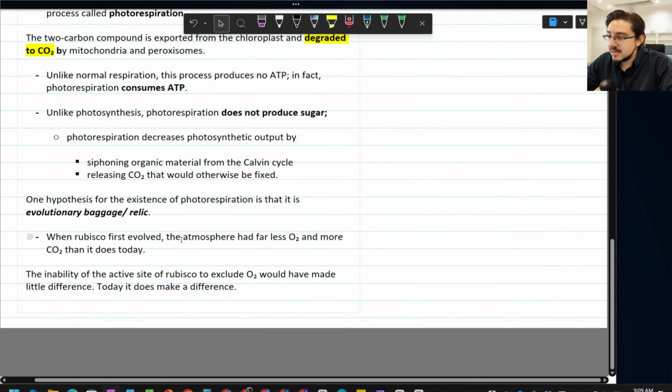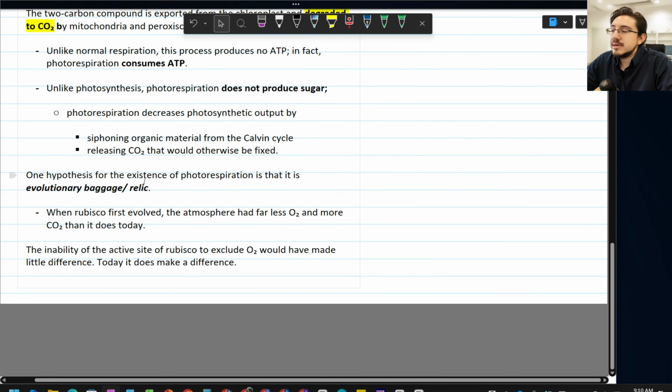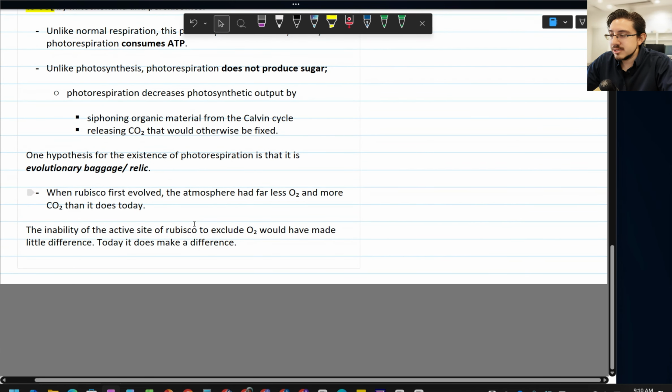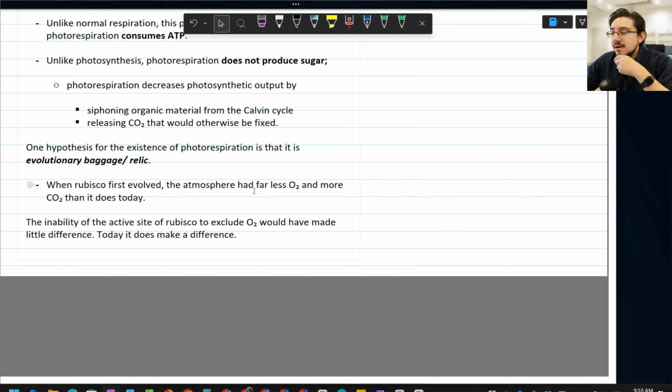So scientists think that the existence of photorespiration could be an evolutionary relic or baggage, where it was once used as a kind of standby process. When Rubisco first evolved, the atmosphere had far less oxygen and more carbon dioxide than it does today. Nowadays, you have a lot more oxygen there.